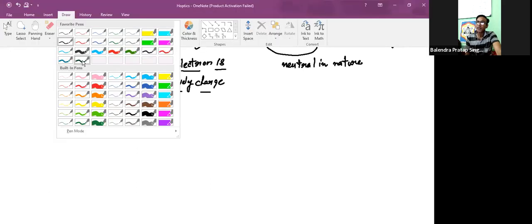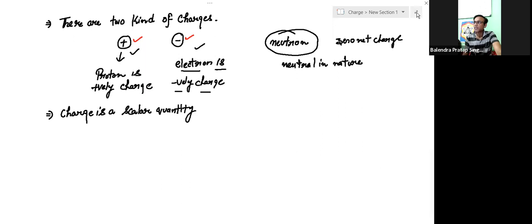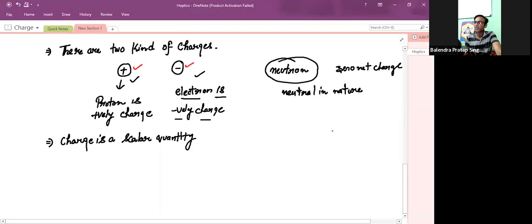Now the next important point is that charge is a scalar quantity. Okay, what about mass? Is mass a scalar or a vector?